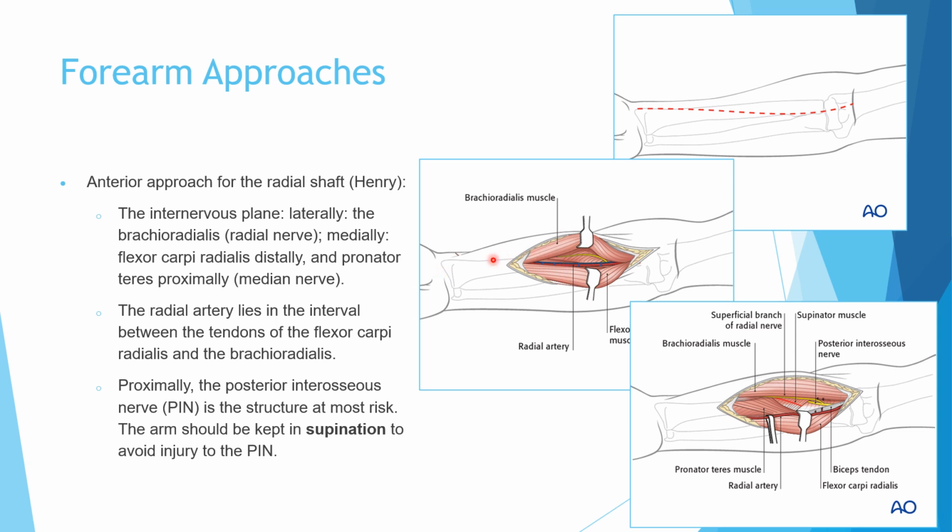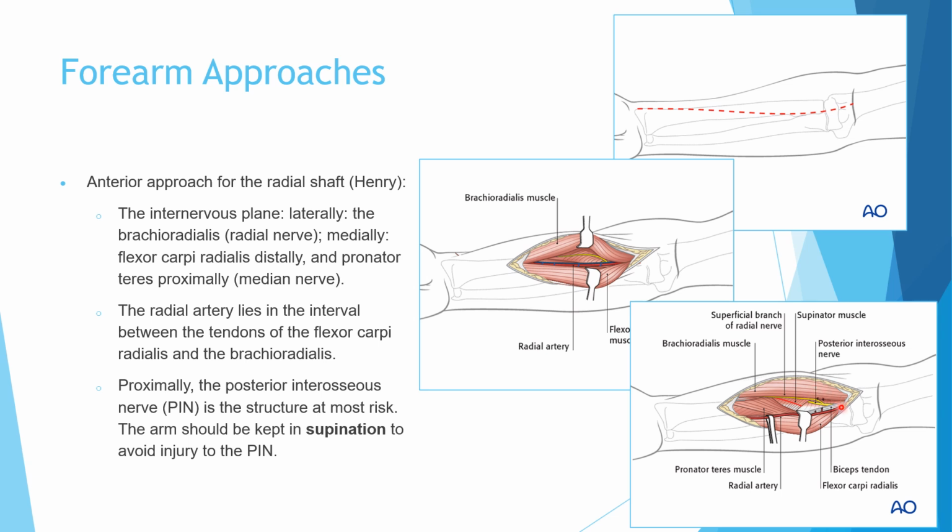On the lateral side is the brachioradialis. And remember that the radial artery lies in the interval between the brachioradialis on the lateral side and the flexor carpi radialis on the medial side. Very important: the posterior interosseous nerve lies within the supinator muscle in the proximal part of this incision.